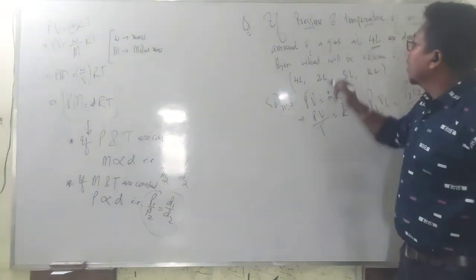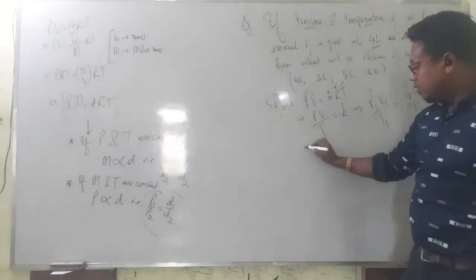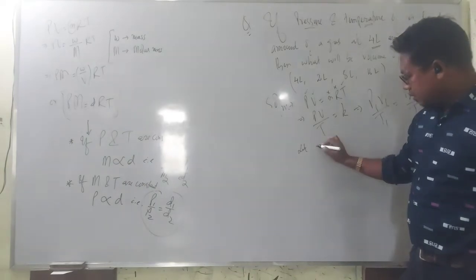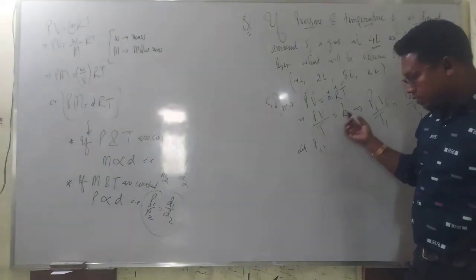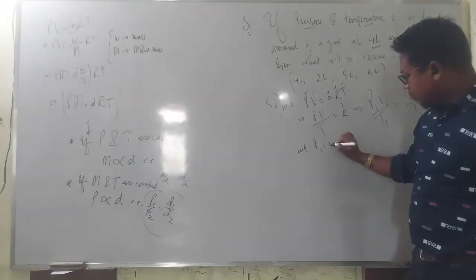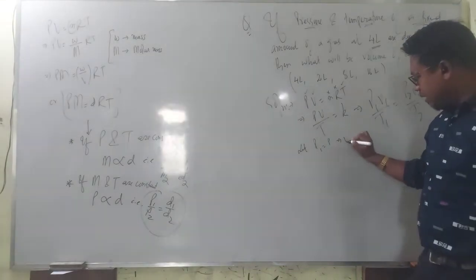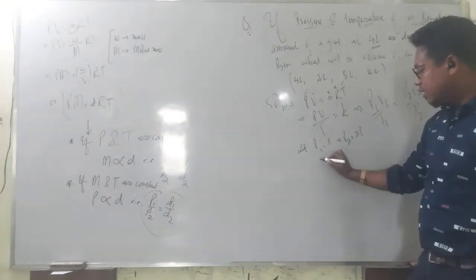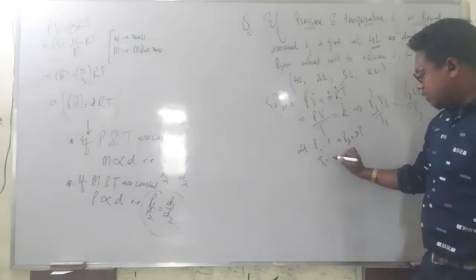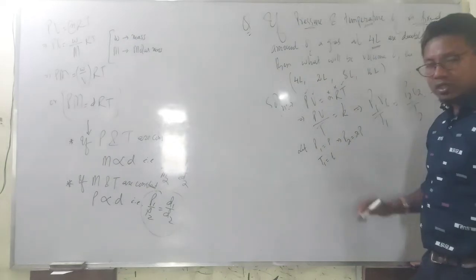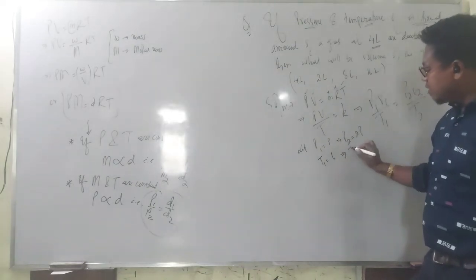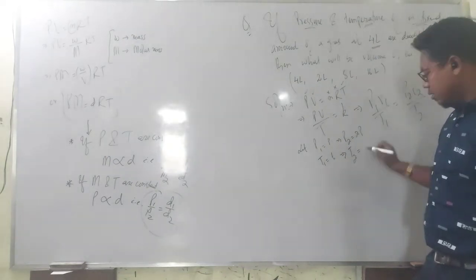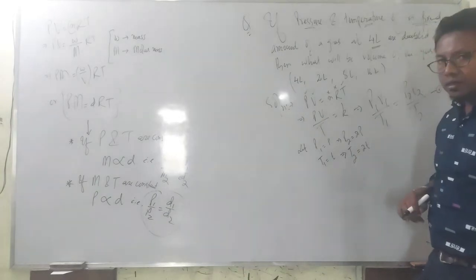Now pressure is doubled, right? Let P1 be P. This implies P2 will be twice P. Similarly, T1 is T, so T2 will be 2T.